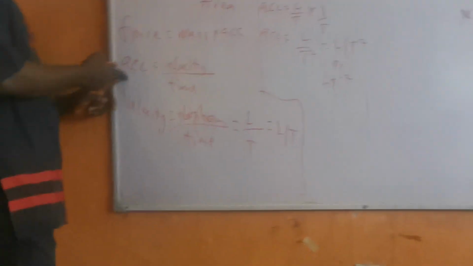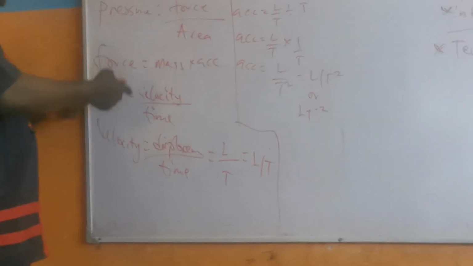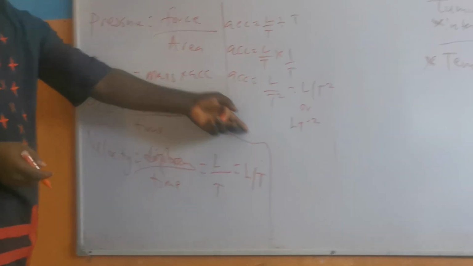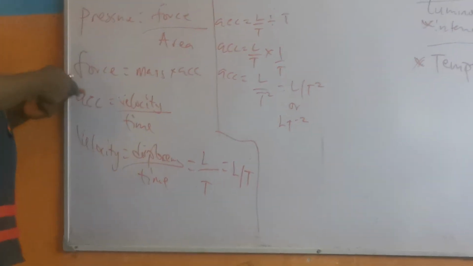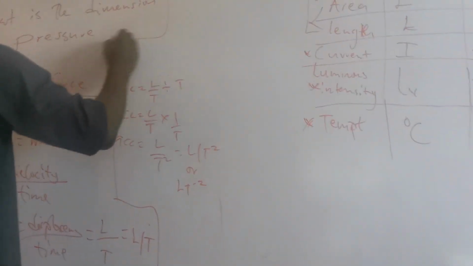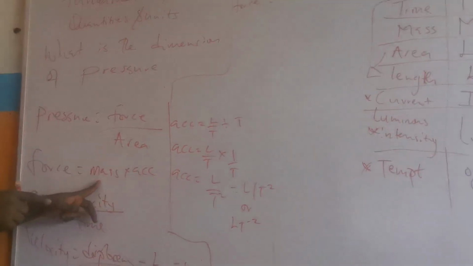So now we've gotten acceleration, right? Then let's go back to force. In case they ask you what is the dimension for acceleration, you can solve it for them. See the solving here. Now we say force is equal to mass times acceleration.